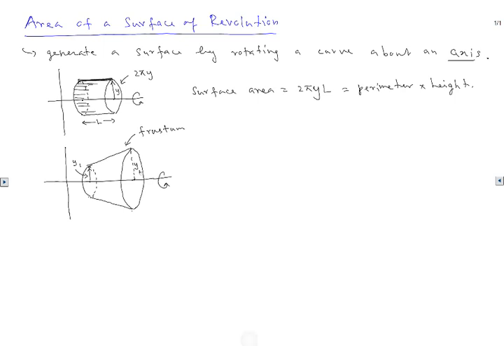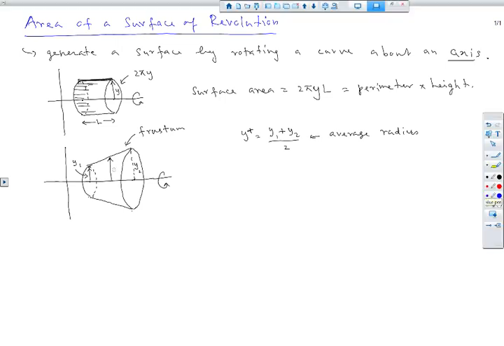I'm going to call it y star. So it is y1 plus y2 divided by 2. That is the average radius, which should be in between the two.